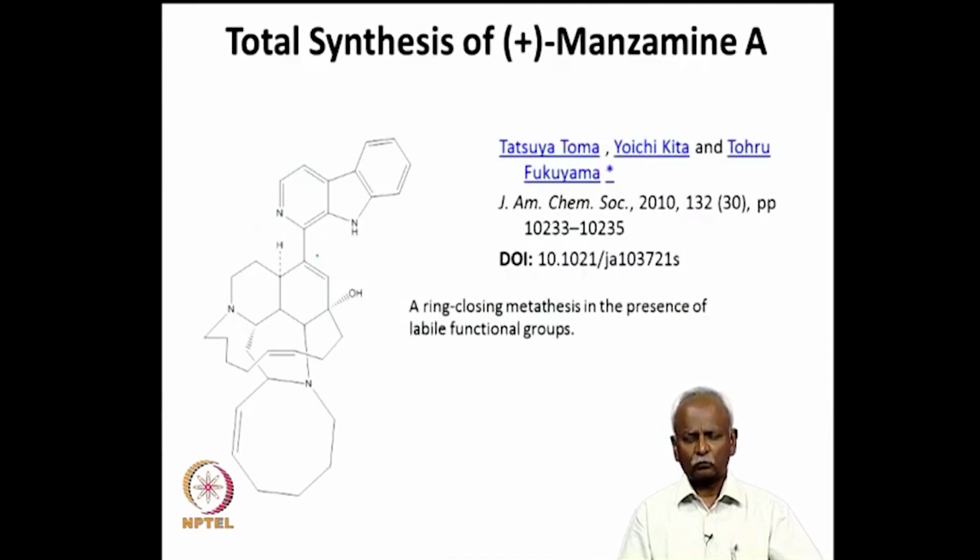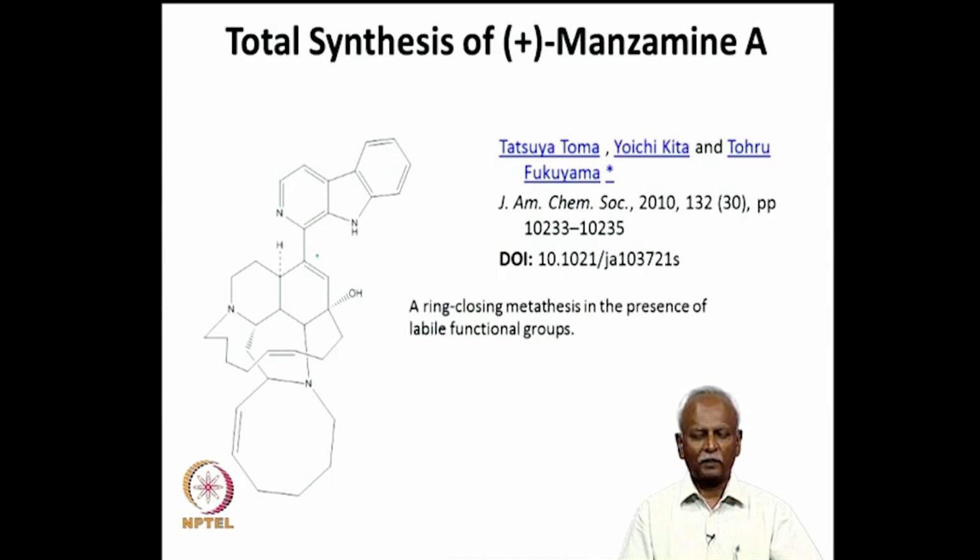And a recent synthesis of another natural product, manzamine A, which has been isolated from a marine organism, is shown here. This was accomplished by a ring closing metathesis in the presence of very labile functional groups.